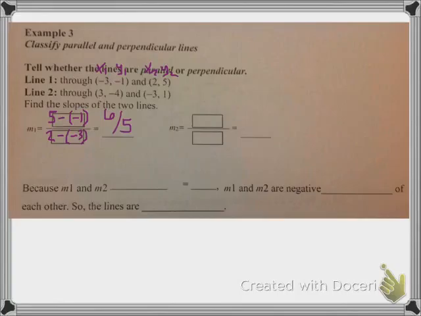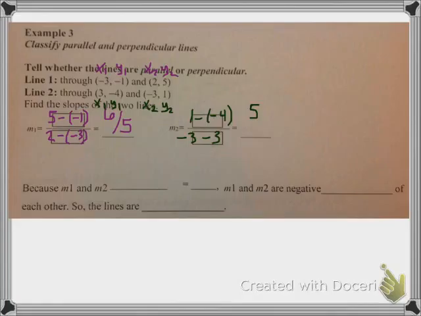Now let's go ahead and work on the second one. Let's label the points x1, y1, x2, y2, and then we'll put them in. It is 1 minus a negative 4, and on the bottom we have negative 3 minus 3. So that becomes a plus, so 1 plus 4 is 5.